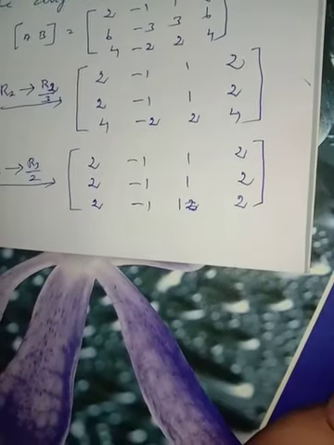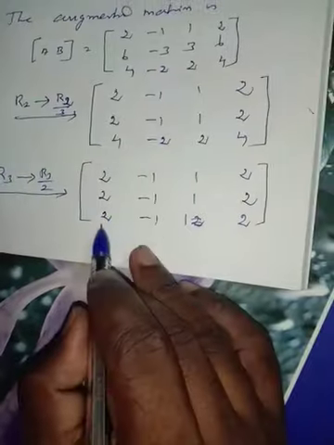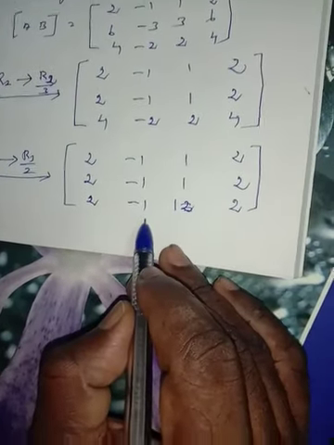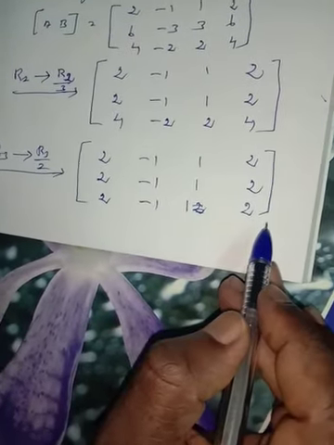Third row divided by 2, we get 2 minus 1, 1, 2.